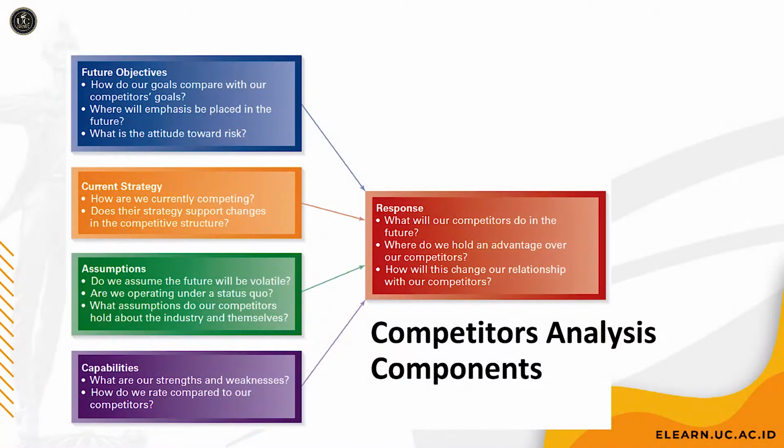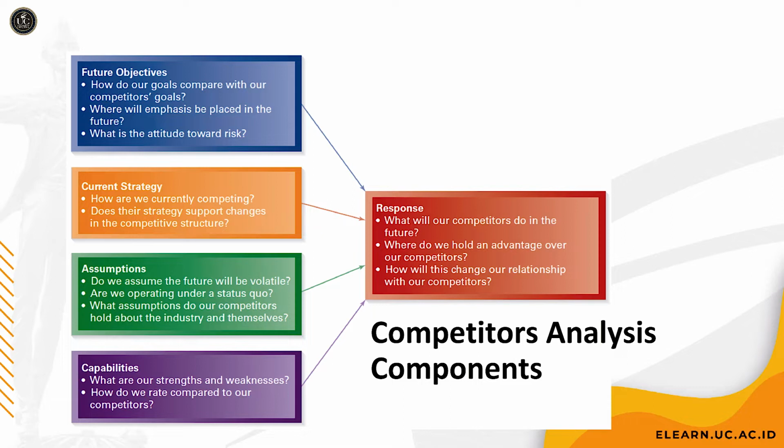Let's move on to the final tool, which is competitor analysis. It is very simple. It is also known as benchmarking, if some of you have heard about it. With the competitor analysis, you can take a look at this diagram. Basically, you are trying to identify these 5 things: the future objectives of your competitors, and their current strategies.